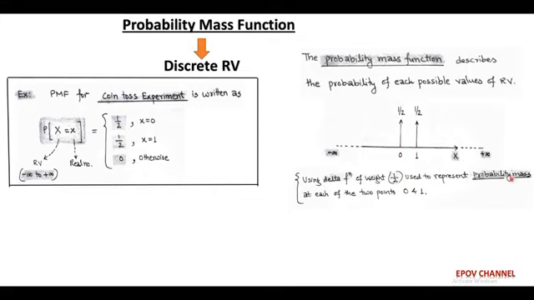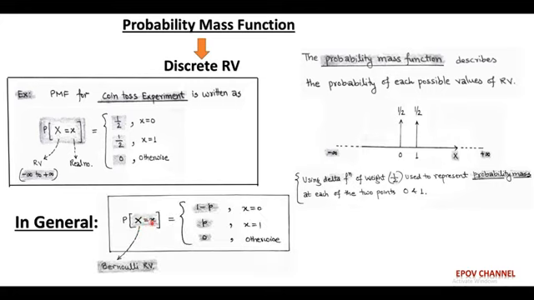This represents the probability mass function for a discrete random variable. In general, a discrete random variable is represented by p of X equals small x, which equals 1 minus p for x equals 0, p for x equals 1, and 0 otherwise. Here X is called a Bernoulli random variable.